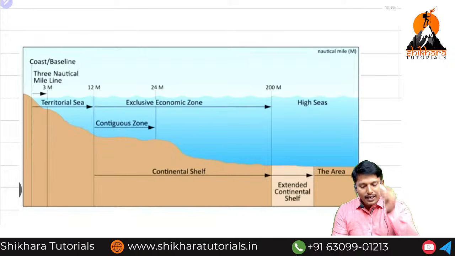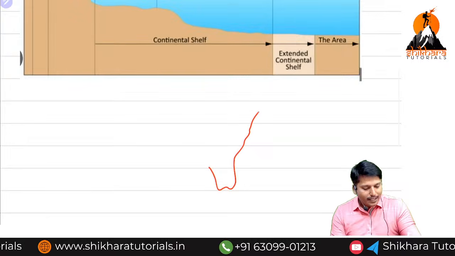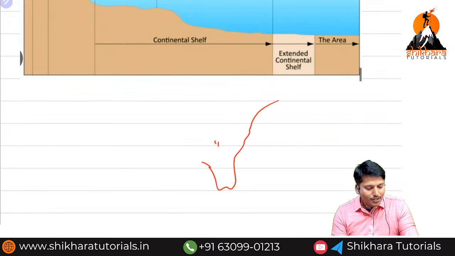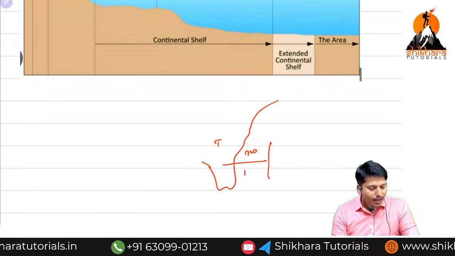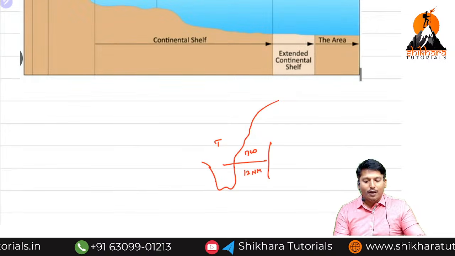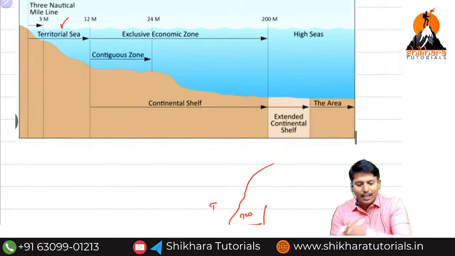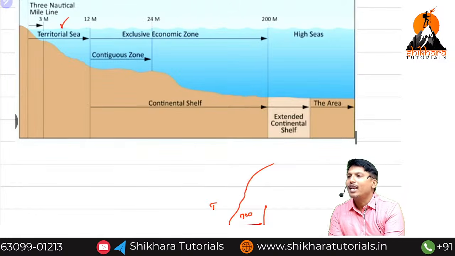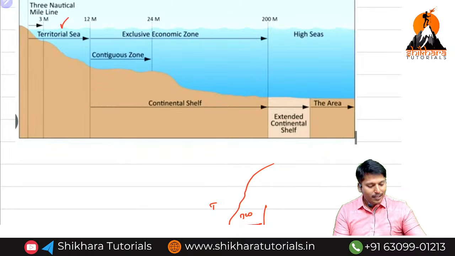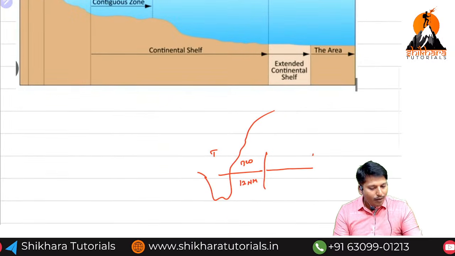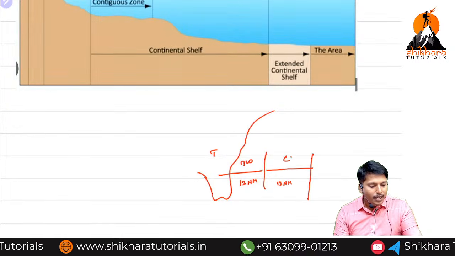If you consider this as an Indian map, this is the territory. Territorial waters means 12 nautical miles from baseline. Now, from territorial waters, again 12 nautical miles is the contiguous zone.